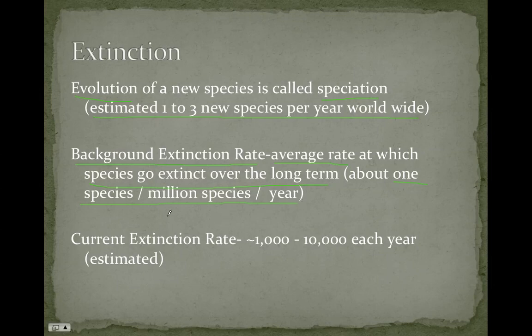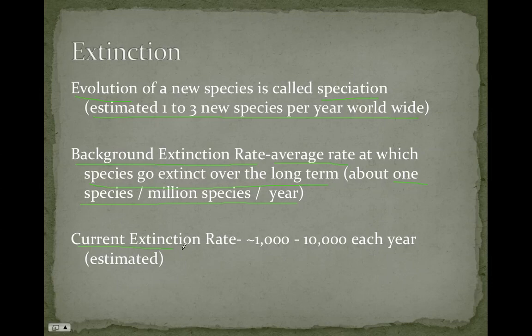Now, we have mass extinction events that have happened. About 5 have occurred in the past, we think, in Earth's history, and we believe we're in another mass extinction that has been caused by humans this time around. And so in the last about 200 years, we've seen the extinction rate incline tremendously, unfortunately.